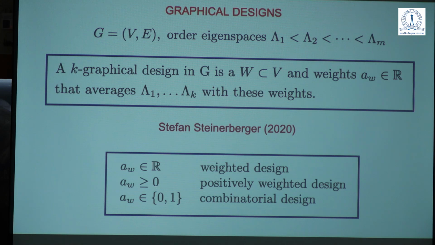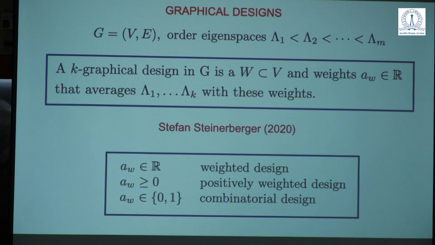That means if you have a function that lies in the direct sum of those eigenspaces, I can also average that, because I'm averaging a basis for those eigenspaces, so I can also average any function in the span of those, in the direct sum of those eigenspaces. Is this okay? Question?